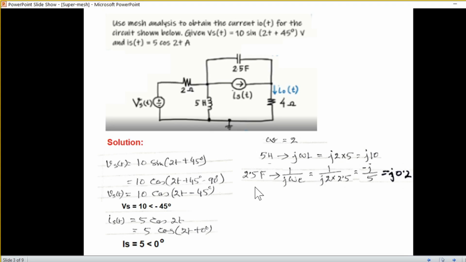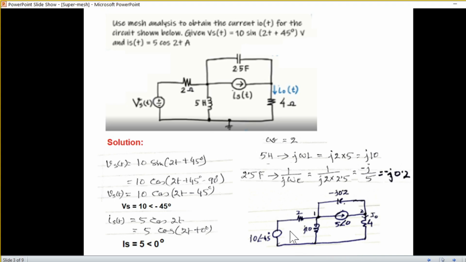Similarly, the capacitor is 2.5 F, 1 over j omega C, or 1 over j5, can be written as minus j over 5, which is equal to j0.25. I think there is an error. So now we'll plug in. This value was minus j0.2.